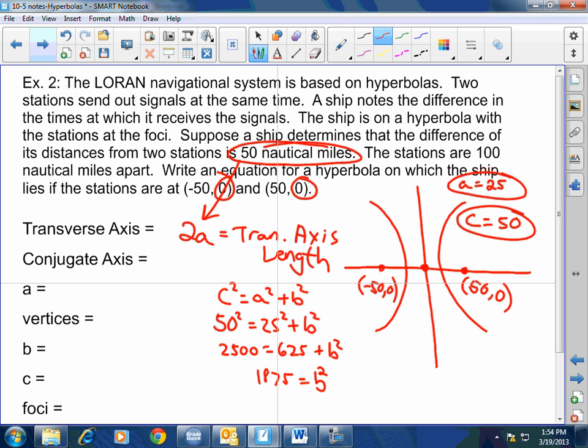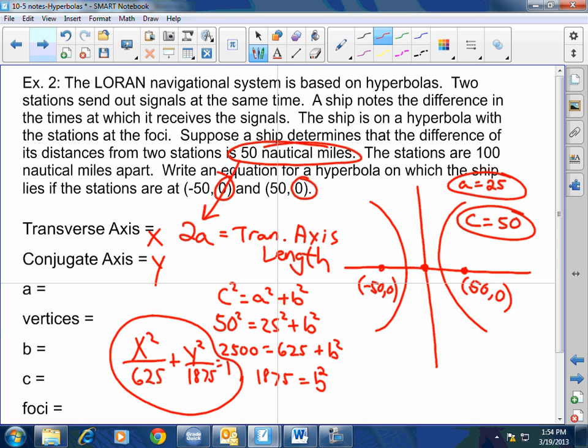All I want is to write an equation for this, correct? Well, my transverse axis is the x. My conjugate is the y. I can't fill any of this out until I write the formula down. So don't I have x squared over a squared, which is 625, plus y squared over b squared, which is 1875, and that equals 1?